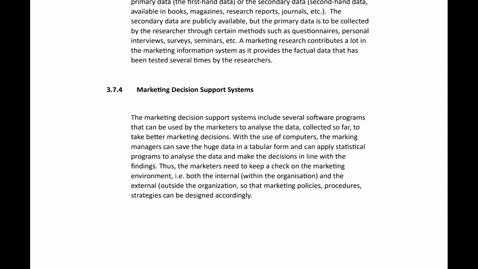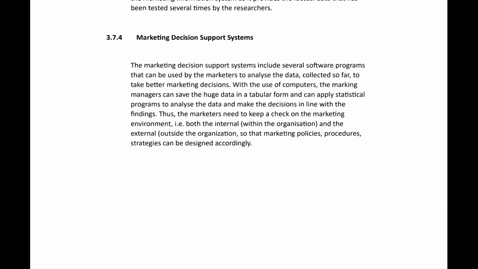With the use of computers, marketing managers can save huge data in tabular form and can apply statistical programs to analyze these data and make decisions in line with the findings. So the marketers need to keep a check on the marketing environment, both internal and external, and that usually is done. Is there any question?